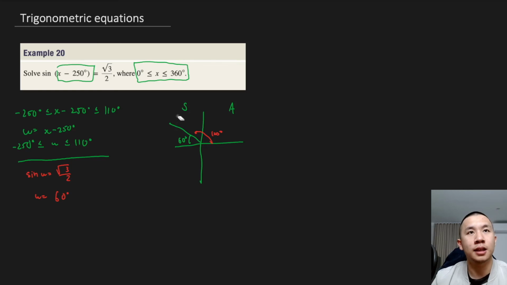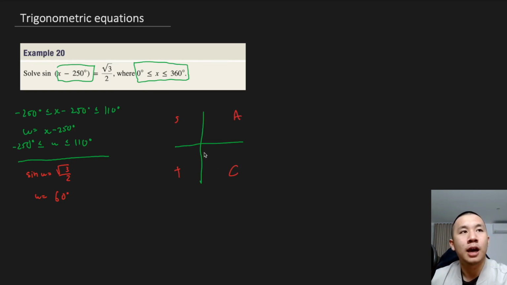Now, let's consider the negative, because here it tells me u can be negative. Alright, so this is C, T, oh wait, no, I'm right. Yeah, ACC, okay. Can sine be here? No, because we want sine to be positive. Can sine be here?